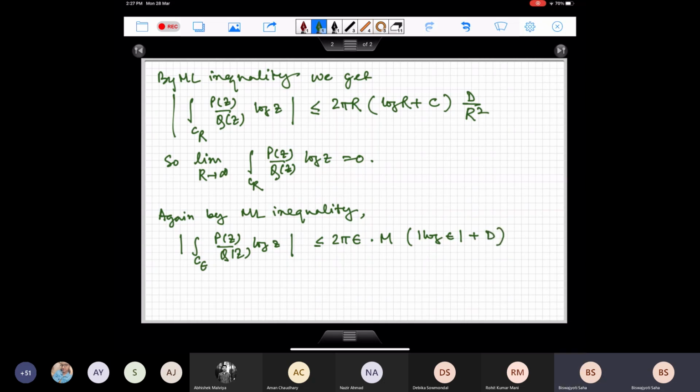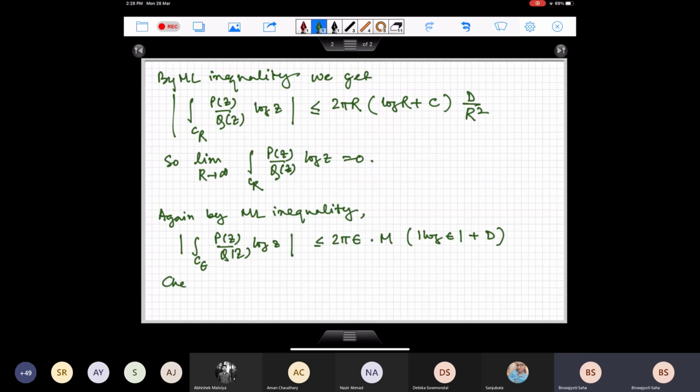Whatever that quantity is, your quantity is going to be bounded above by that. Now you notice that this 2 pi epsilon times m times d is easy to handle because that's just some constant times epsilon, which will become 0. But moreover, you can also check that epsilon times log epsilon also goes to 0.